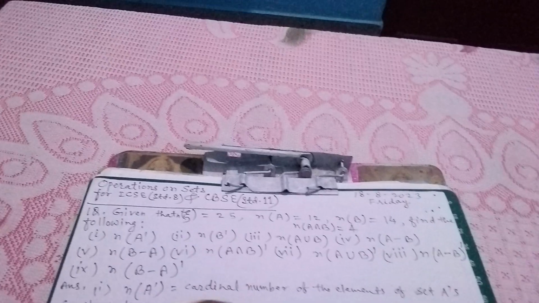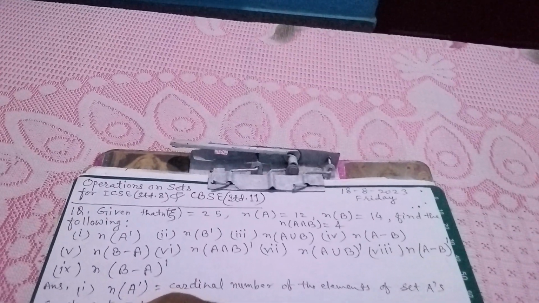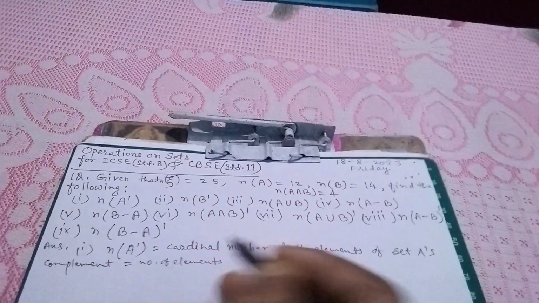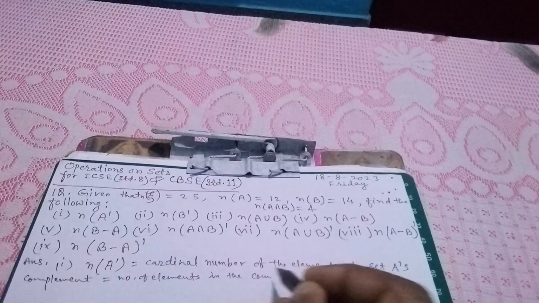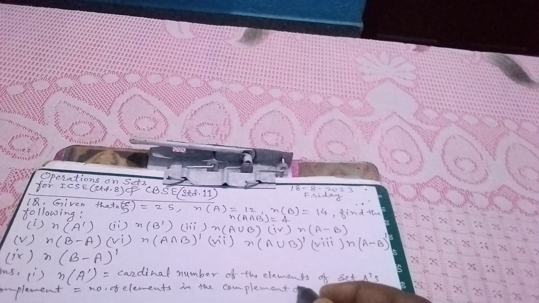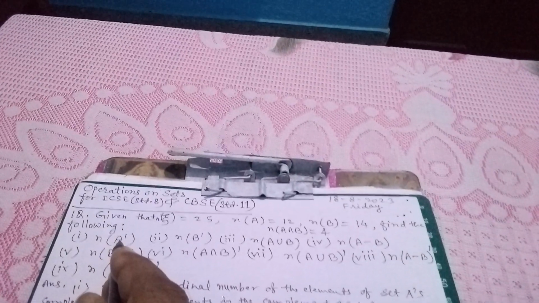This can also be written as the number of elements in the complement of set A. That means A complement, and its cardinal number we have to find out.